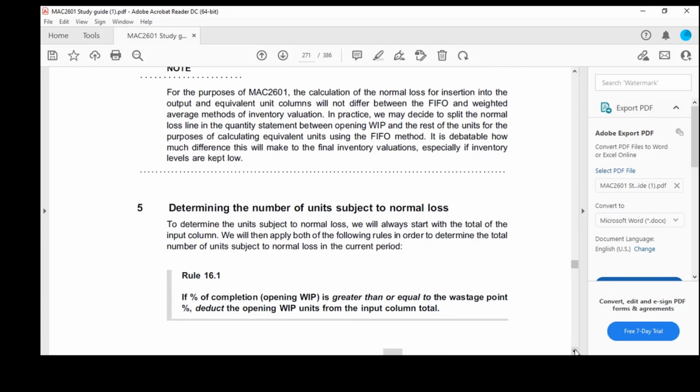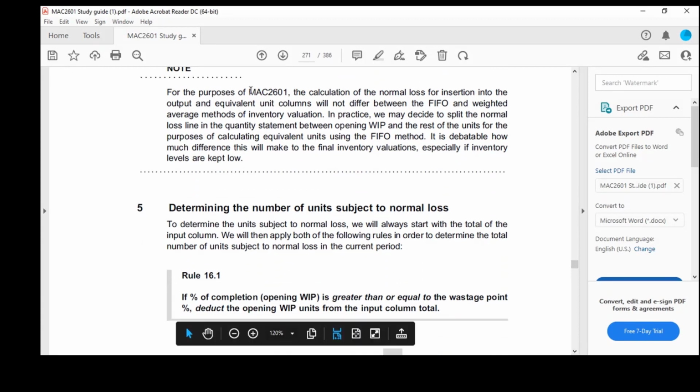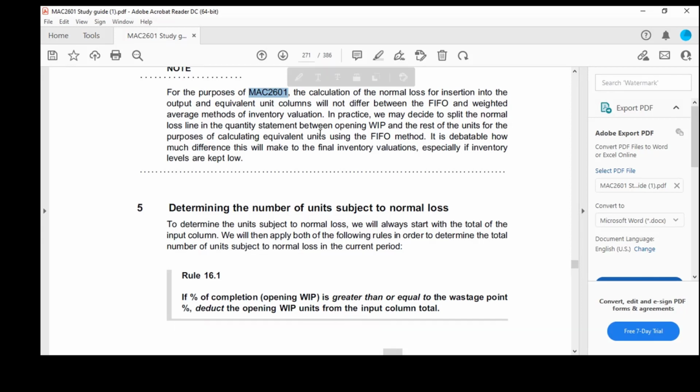So let's see what they say. For those studying MAC2601, the calculation of normal loss for insertion into output will not differ between first in, first out, and weighted average inventory valuation.